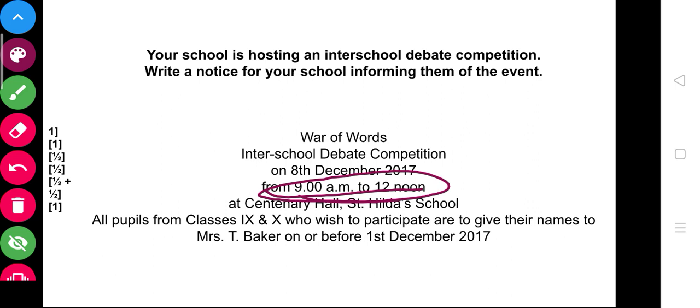If you write the night time, then definitely it would be awkward, because I think there is no school having competitions at night. Even sports competitions are generally held in the daytime, not at night.